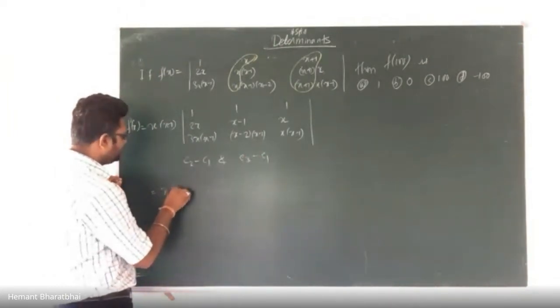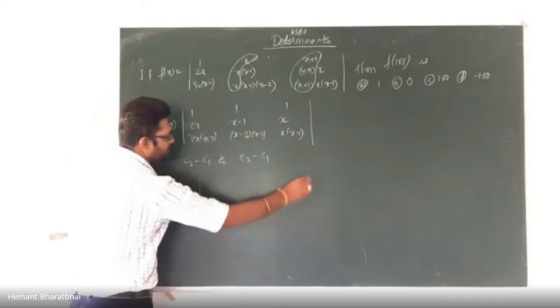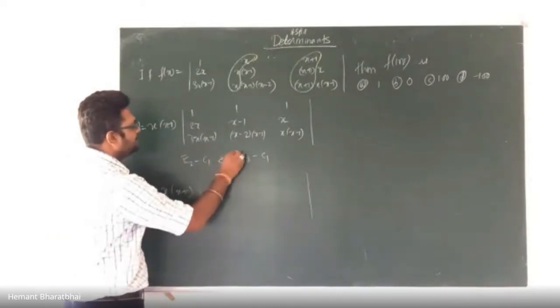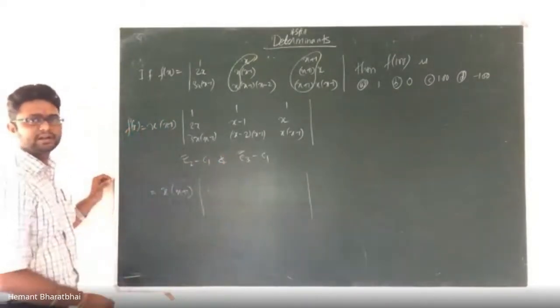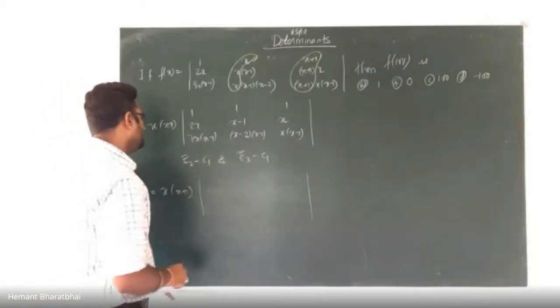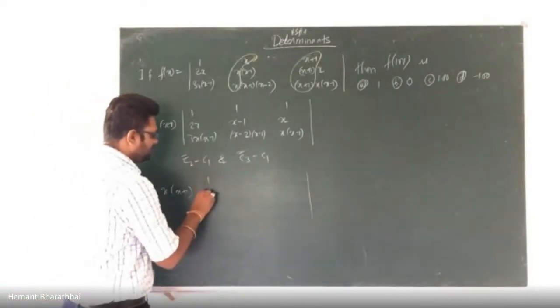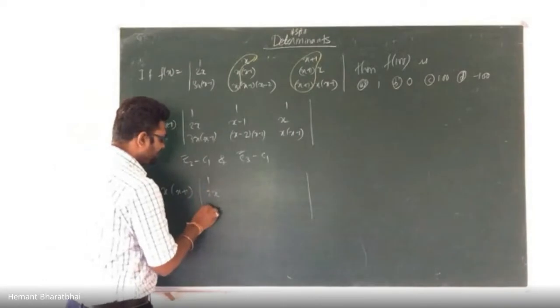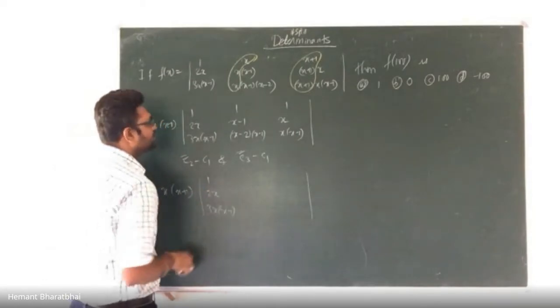I'll get x into x plus 1. So the transformation is occurring in C2 and in C3. So C1 will remain as it is, 1, 2x, 3x into x minus 1.